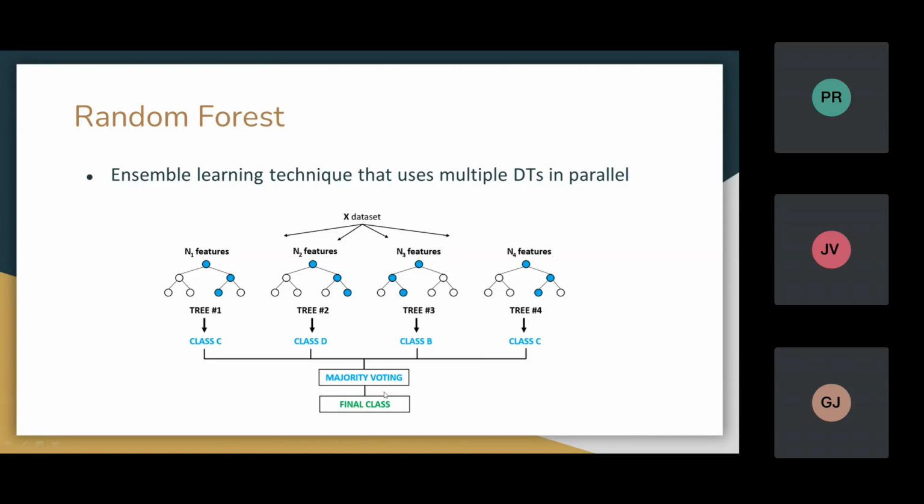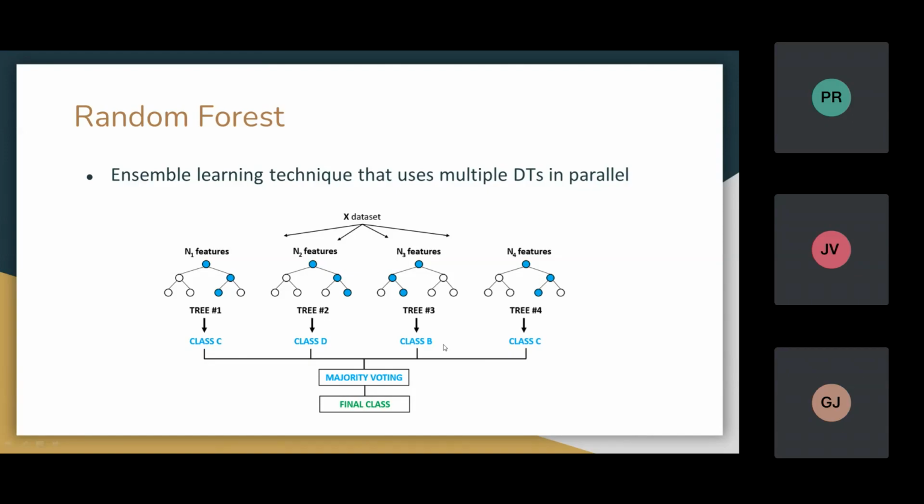The approach I'm going to use here is called majority voting. As shown in the picture, decision tree 1 and tree 4 both give class C as the outcome, whereas 2 and 3 give class D and class B. So I can clearly say that the majority of the outcomes is class C, because of which the final class is also class C.